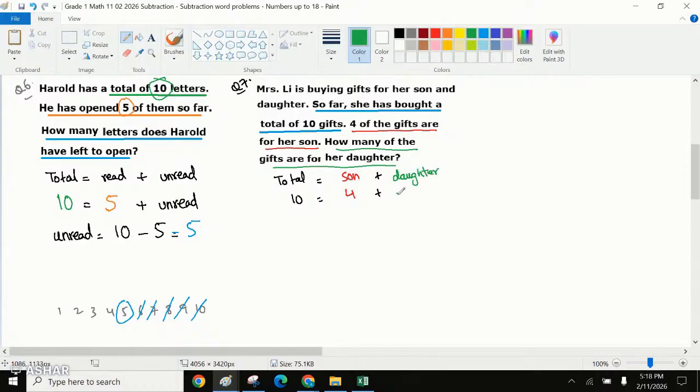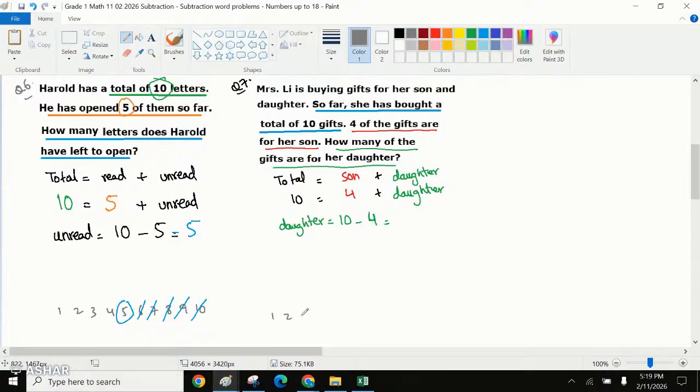So we need to find how many gifts she would give her daughter, right? So can we say the gifts for the daughter would be the total minus the gifts for her son? How can we do the working?